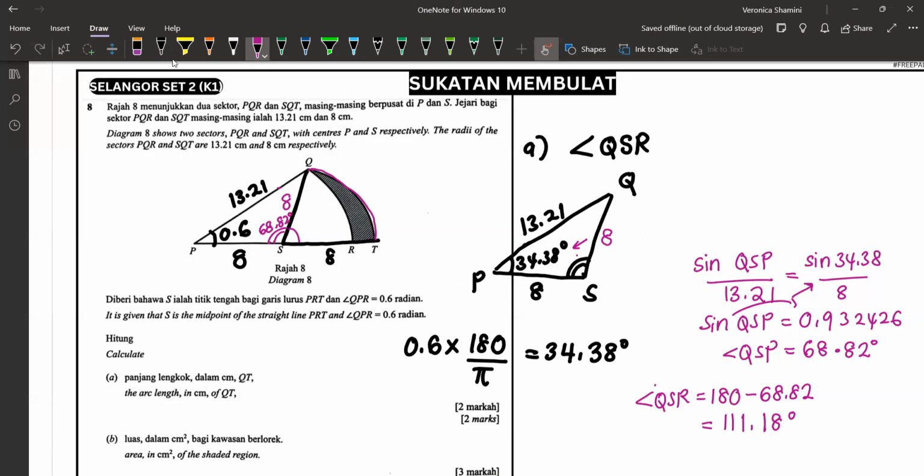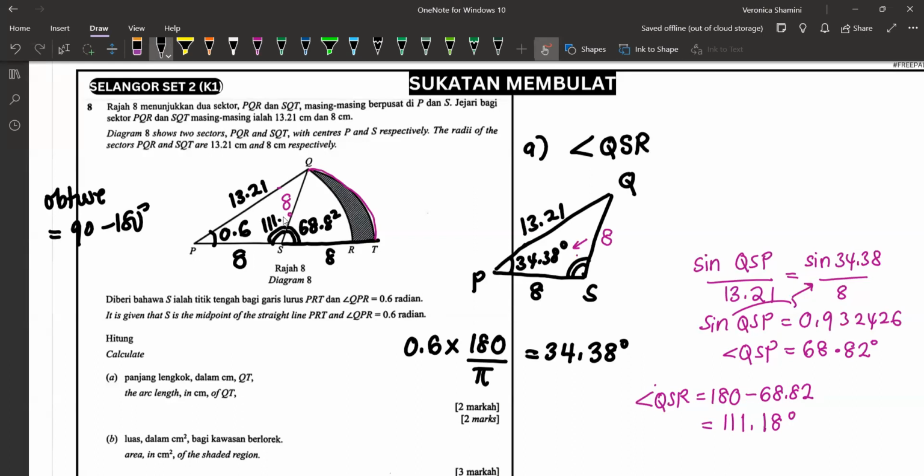Okay, tapi dekat sini, if you can see dekat sini, this one is not obtuse angle tau. Okay, ini adalah obtuse angle. Angle obtuse means that you are between 90 to 180. Kan? Sini maksudnya this one should be 68.82.